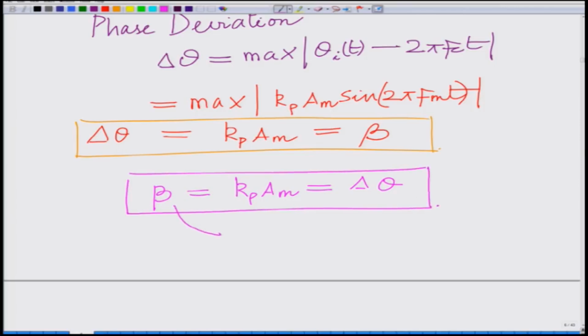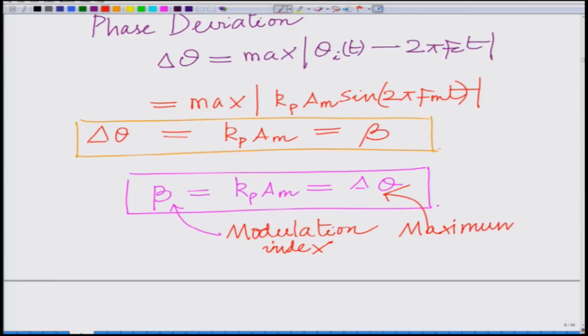Your beta is basically the modulation index, and delta theta is basically the maximum phase deviation.